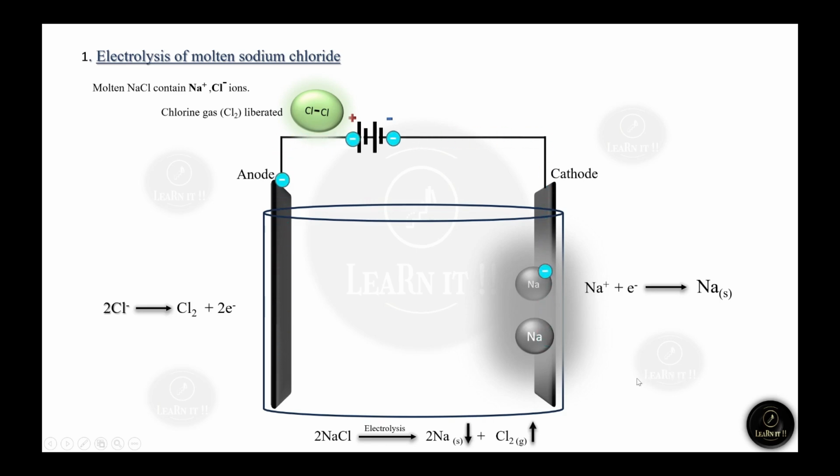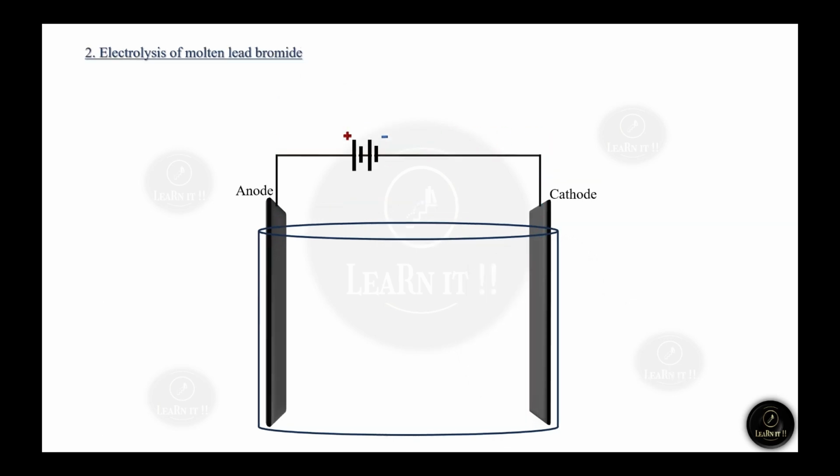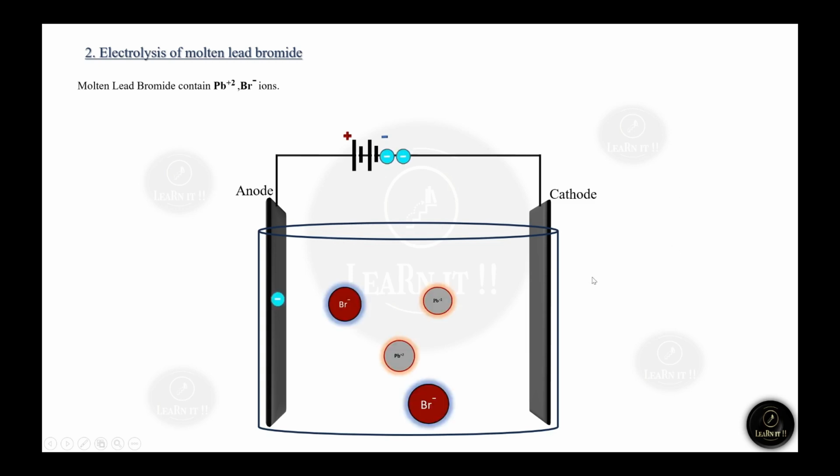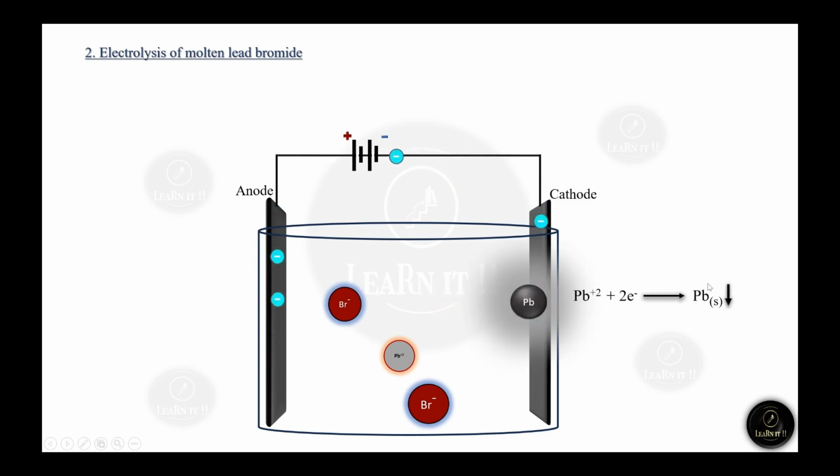So let's go to electrolysis of molten lead bromide. Molten lead bromide contains Pb2+ and Br- ions, so lead ions and bromide ions. As we know, cations get attracted towards the cathode. So Pb2+ ions take 2 electrons, so lead gets deposited at the cathode.